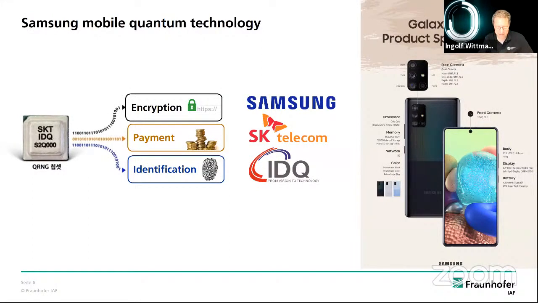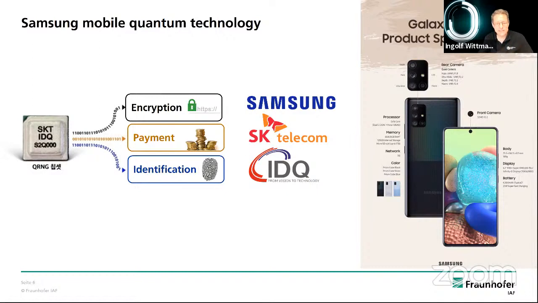And SK Telecom is providing the software stack and the IT infrastructure of the quantum key distribution system. Those generated true random numbers can be used for two-factor authentication, for single sign-on, for biometric authentication, for example, the SK payment system, along with blockchain-based wallets to store secure electronic documents and certificates, for example, insurance claims.